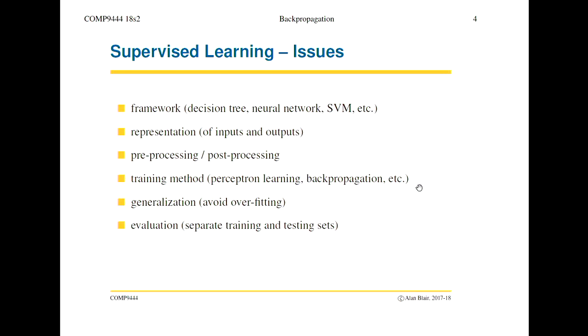So there's variations on backpropagation, and then there's things like the Adam optimizer and so on. So you've got to choose the training method. You've got to be careful about generalization and overfitting, which we'll talk about in a minute, and how to do evaluation. Normally we train on the training set, but then we're really interested in the error on the test set.